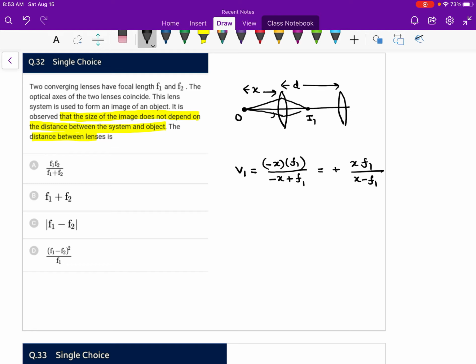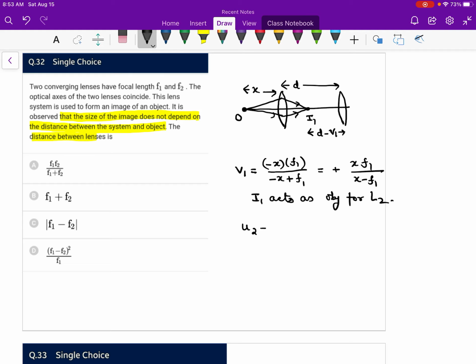Okay. Now I1 acts as object for lens 2. So this distance is d minus v1.